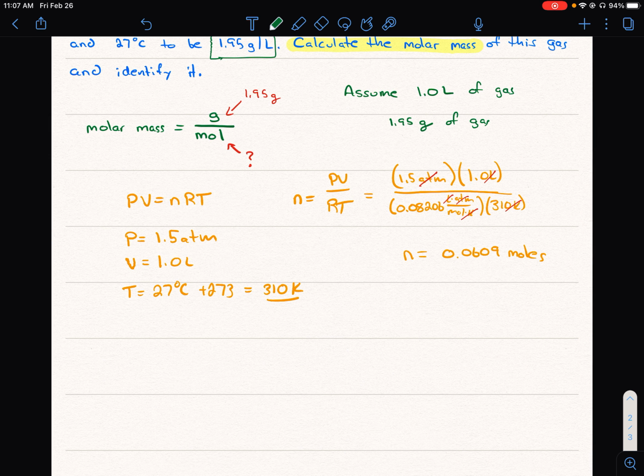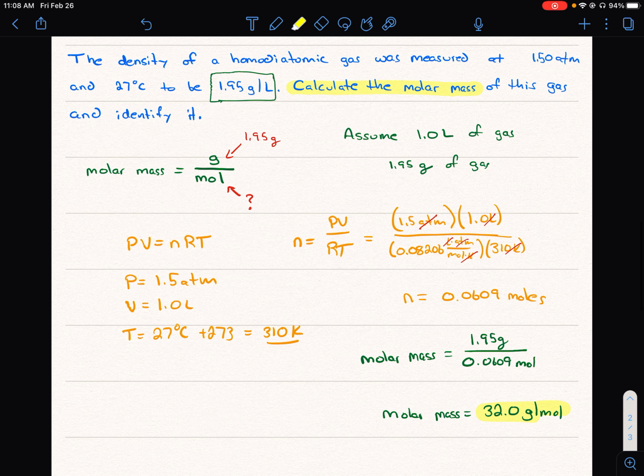And so what we can say is the molar mass, recall, which we have above, molar mass is equal to the mass, which we said was 1.95 grams, divided by our moles, which we just found to be 0.0609 moles. And so the molar mass, if we divide that out, is equal to 32.0 grams per mole. So there is the molar mass of this gas.